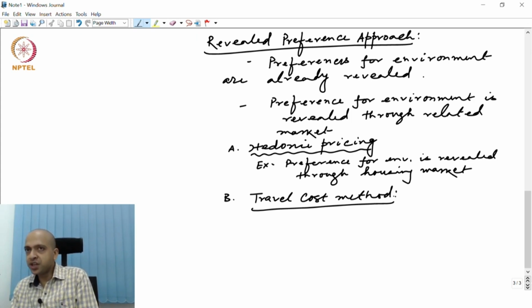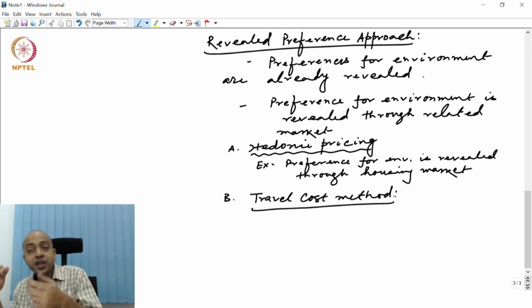We go to the seaside to enjoy the sea beach. We go to the countryside to enjoy the natural beauties. So that means respondents incur some amount of cost, because traveling involves some amount of cost. The cost of ticket, then your lodging, then your food, then the amount of money you sacrifice in terms of foregone wage or salary, everything is counted as travel cost.